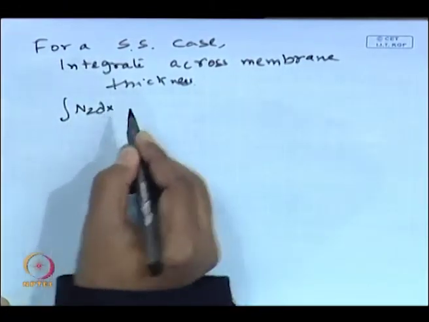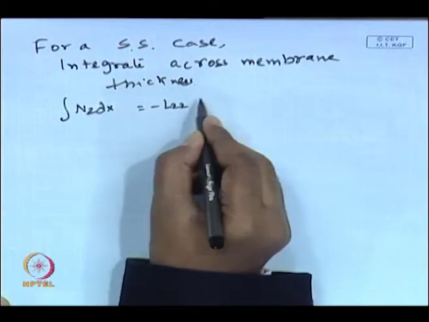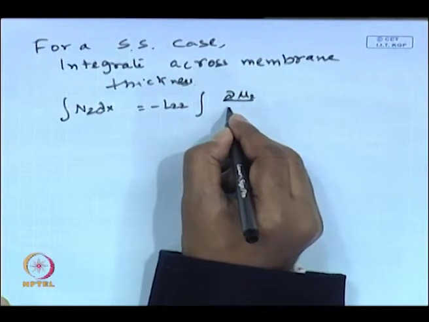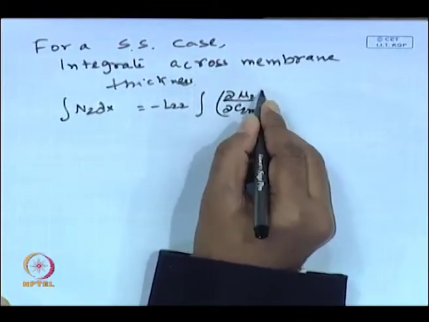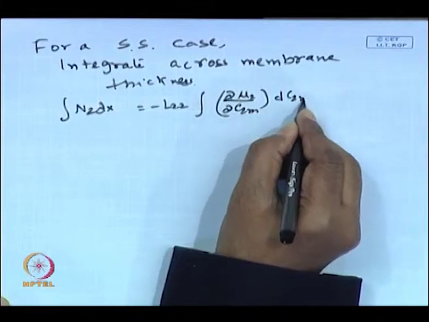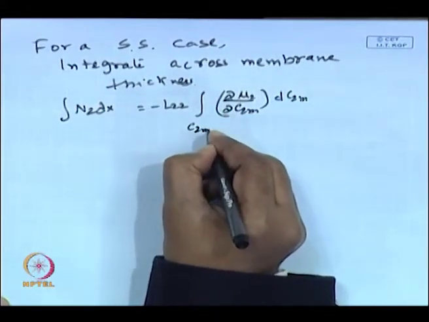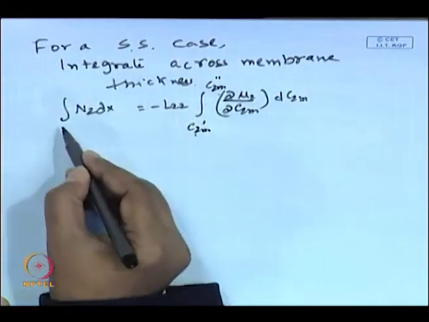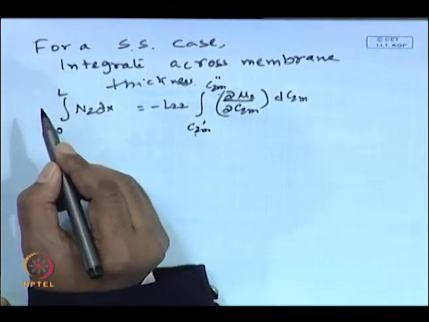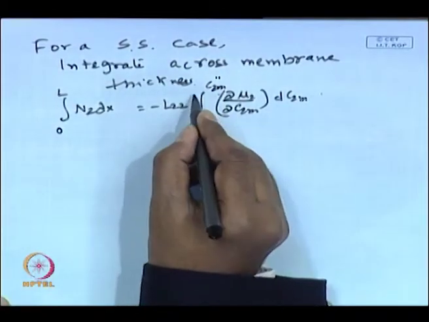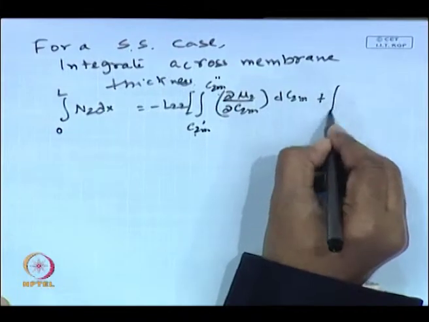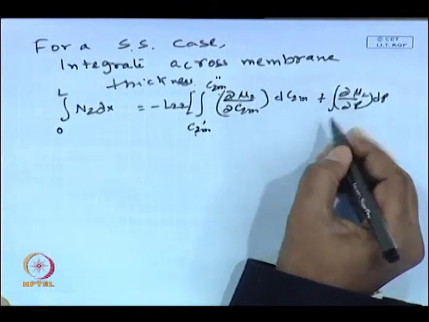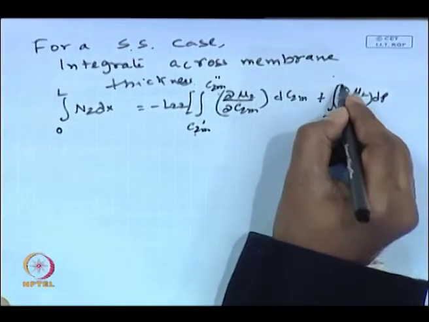N2 dx is equal to minus L22 times, del mu2 del C2m dC2m from C2m prime to C2m double prime, from the feed to the permeate side, that means from x equal to 0 to x equal to L, plus, this should be bracket here, plus del mu2 del P dP from P2 to P1.